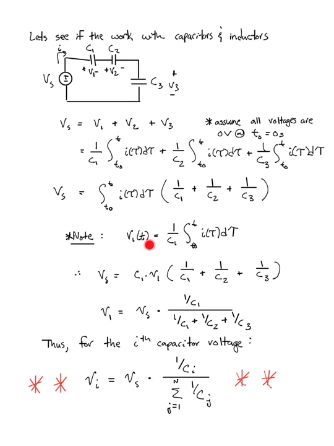For example, V1 being 1 over C1 times the integral of I, we get that Vs equals C1 times V1 times the summation of the reciprocals of the capacitance.